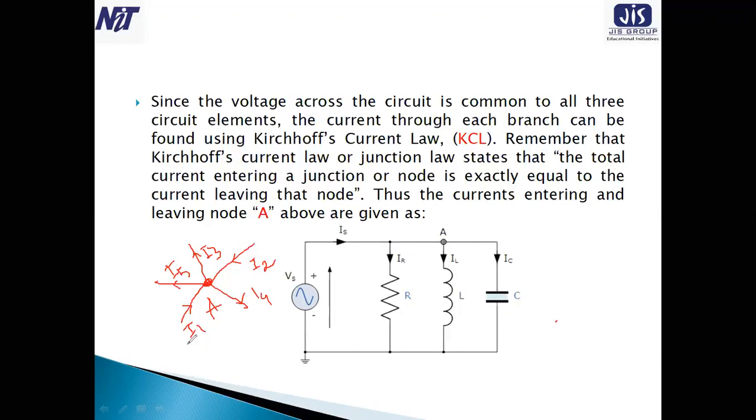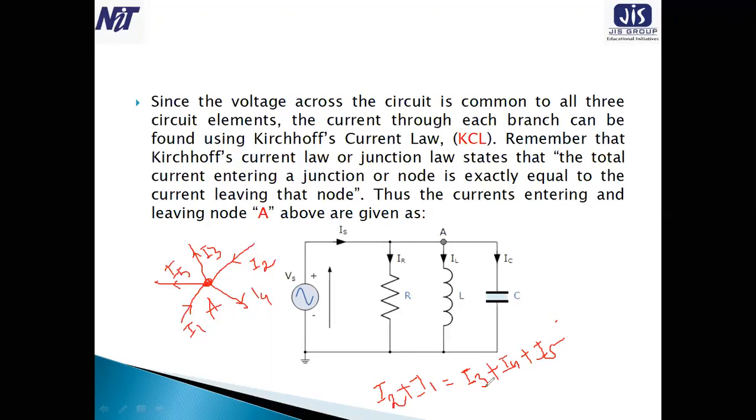That means we can easily write as per the KCL that I1 plus I2, both incoming to node A, should be equal to the current I3 plus I4 plus I5. So this is the formula of Kirchhoff's current law. Or in other words, you can say the summation of incoming and outgoing current is equal to 0.